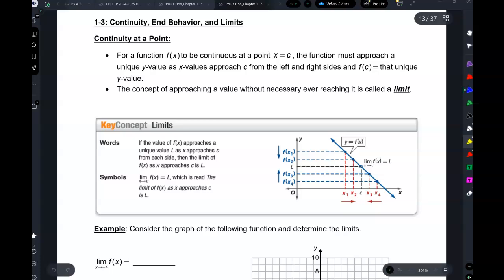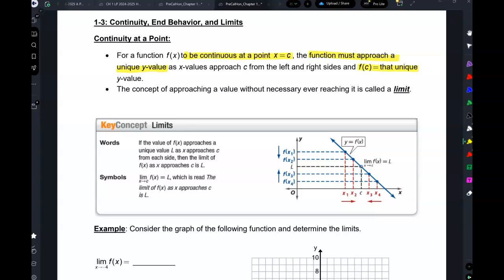So for something to be continuous, the function has to be approaching a unique y value, and f of that point has to equal that unique y value. All right?